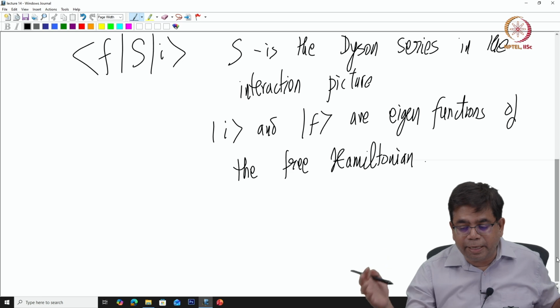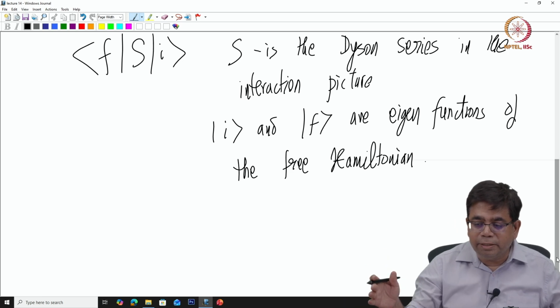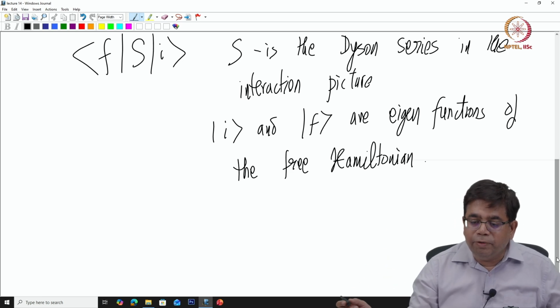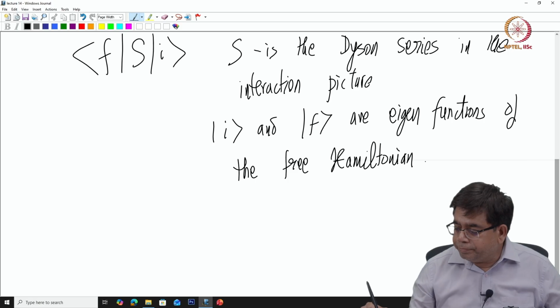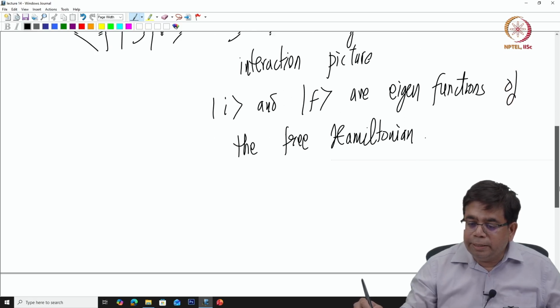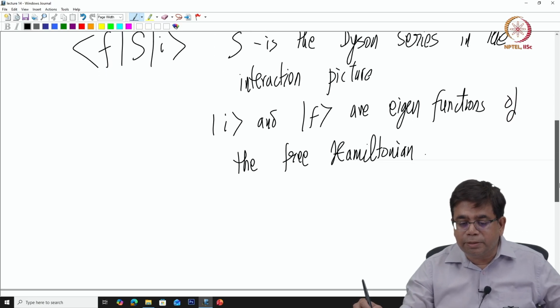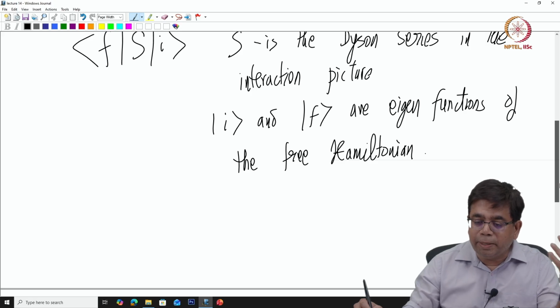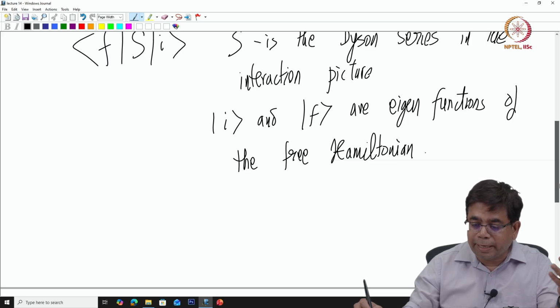In the basic Dyson series, at the lowest level in the coupling constant, this gives you the interaction picture.